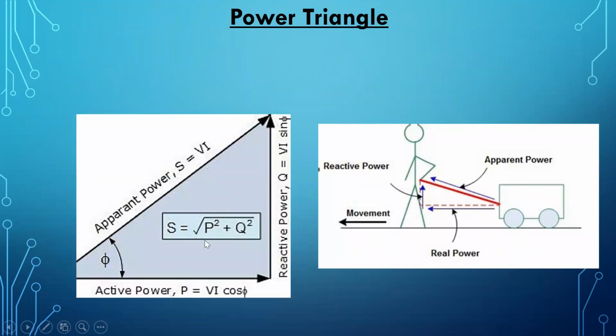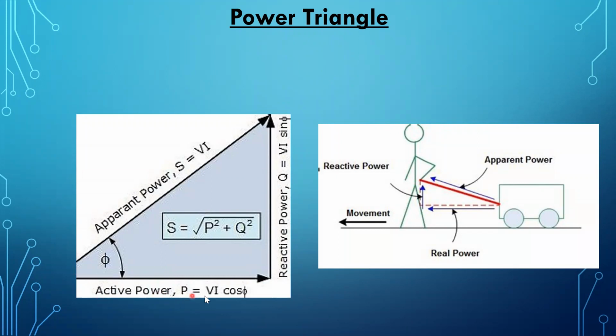This is the power triangle. In the power triangle, we have a base, a hypotenuse, and a perpendicular line. The base is the active power. This is the graphical representation of the power.